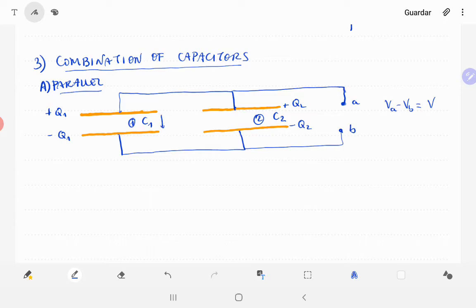If I call V1 the difference of potential between the plates of the first capacitor, and V2 the difference of potential between the plates of the second, I can say that C1 is Q1 divided by V1, while C2 is Q2 divided by V2.